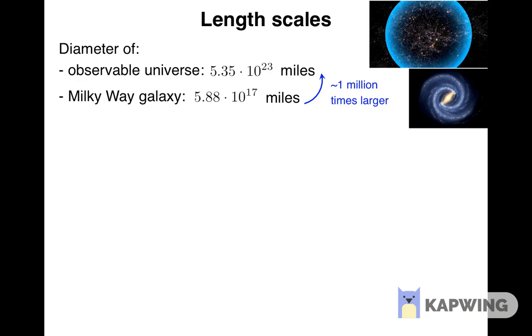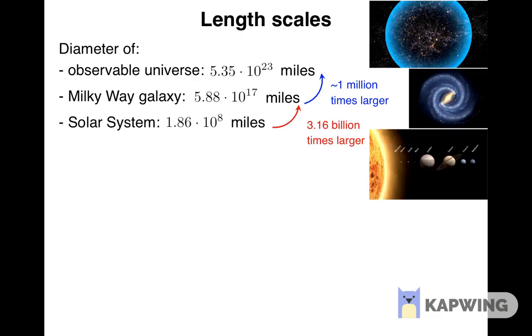A whole new perspective on how exactly far a galaxy far, far away might be. Our galaxy, in turn, is about 3.16 billion times larger than the solar system, which is about 1.86 times 10 to the 8th power miles in diameter.